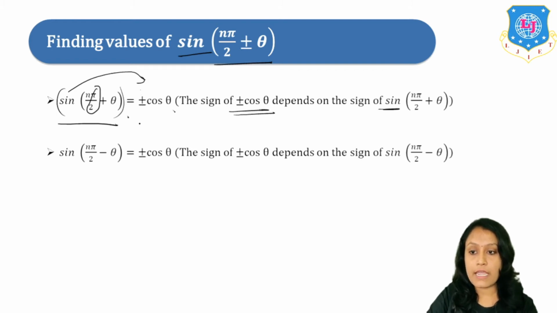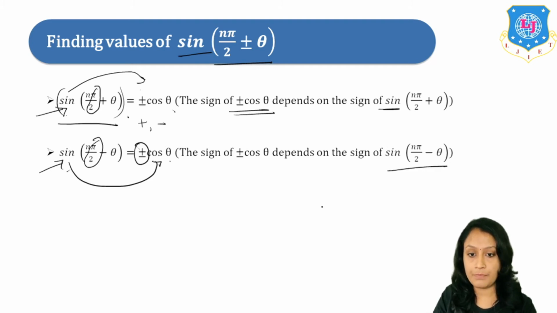Now if we have sine of n pi by 2 minus theta, its answer will be plus or minus cos theta. Again we have pi by 2 over here, therefore sine will be converted to cos, and the sign will depend on sine of n pi by 2 minus theta.